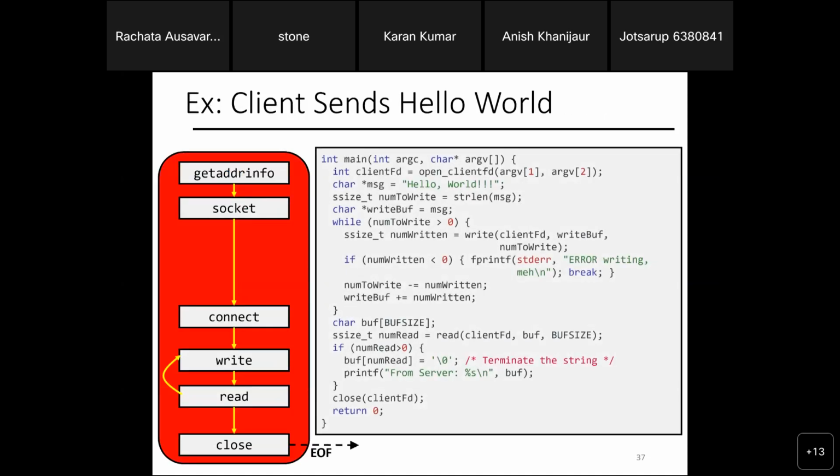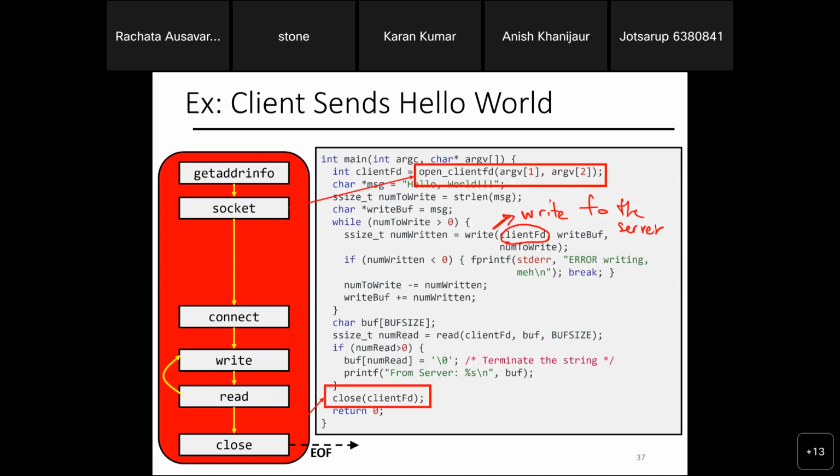From the client side, it's kind of the same. You start to establish the connection. You also have to close the connection. Once you have that, you first write to the server using the client FD, which is the socket already established on the client side.